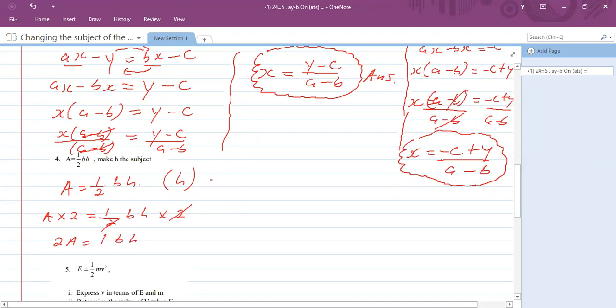Now we want to make H the subject, right? How do we make H the subject now? So you have 2A is equal to 1BH and want to make H the subject. What will you do?